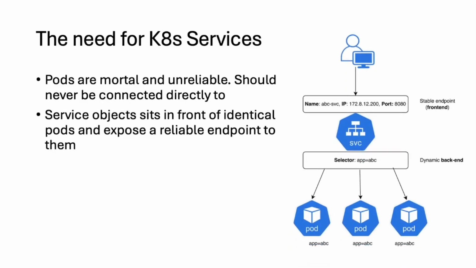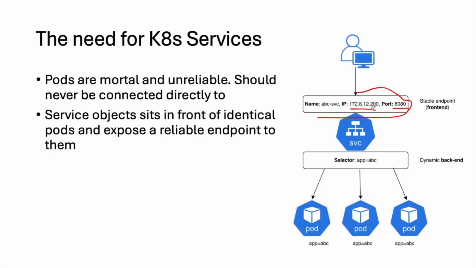That is, they provide a reliable endpoint that clients can use to send traffic to the application. So this is that stable endpoint that we are talking about. And that stable endpoint actually means an IP, a DNS name, and a port that clients can use to connect to.